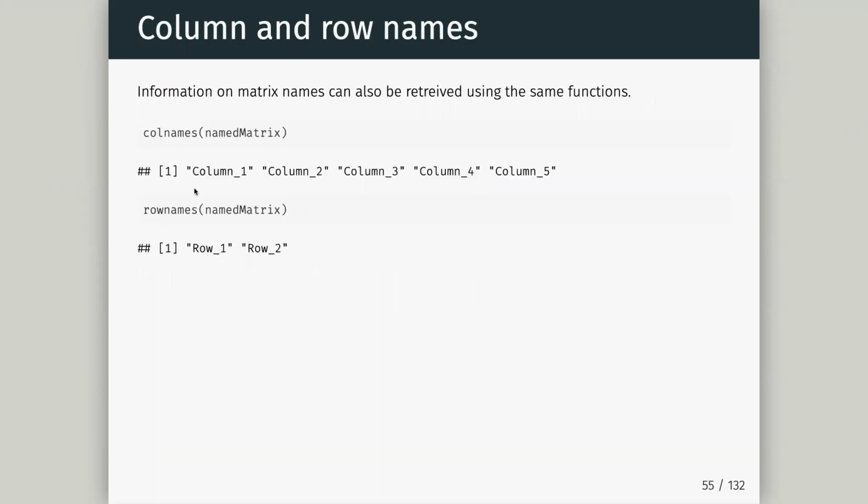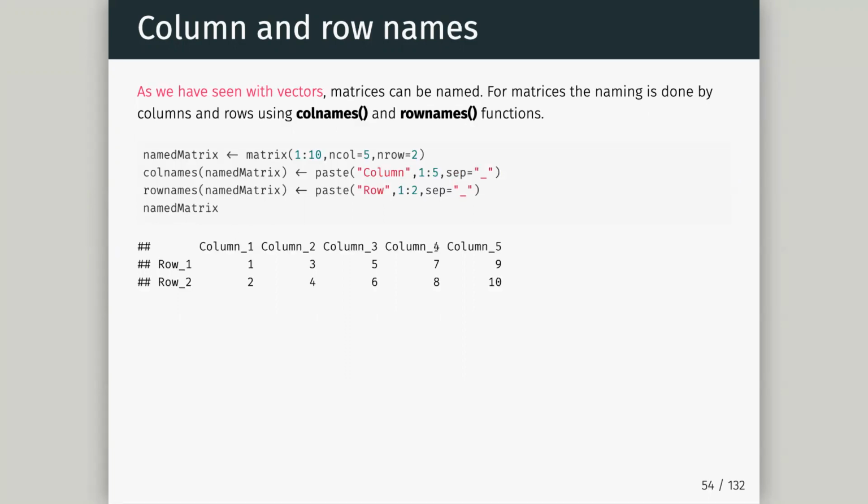So if I want to get all the column names for my matrix, I do colnames of named matrix, and it's going to list all the column names for me. Do rownames of named matrix, and it pulls out all the row names. So these functions, colnames and rownames, can be used both to assign values to a matrix, but also just pull out the values from that matrix.